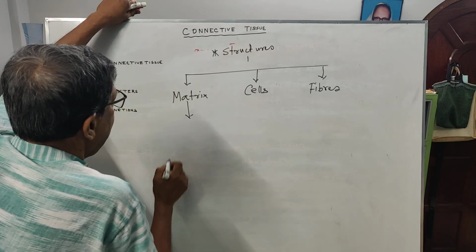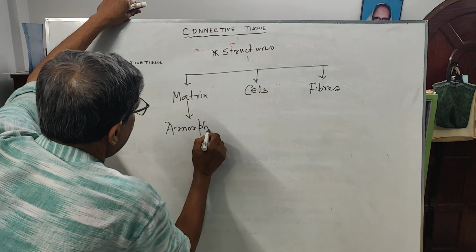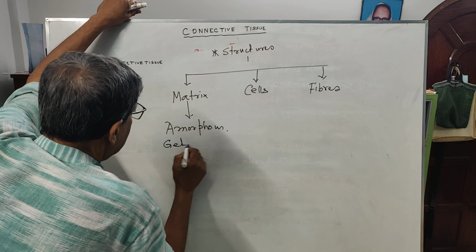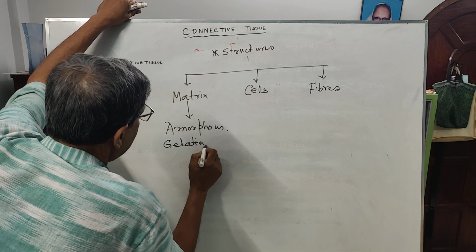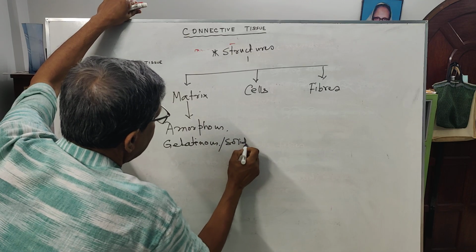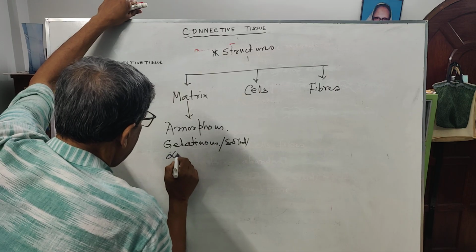Matrix is in amorphous, gelatinous, solid, or liquid form.